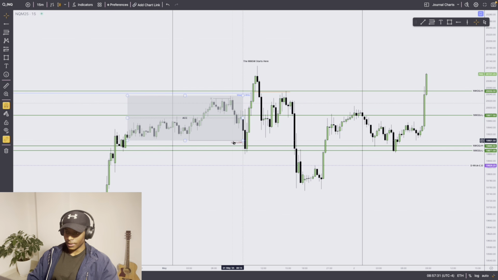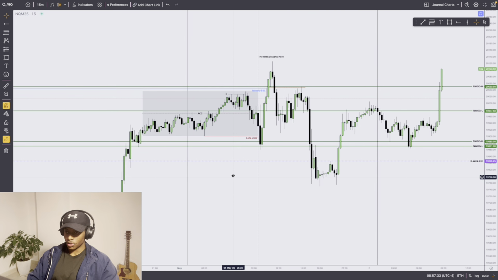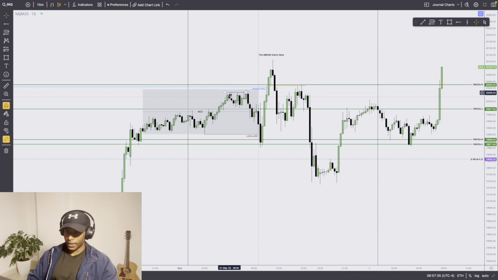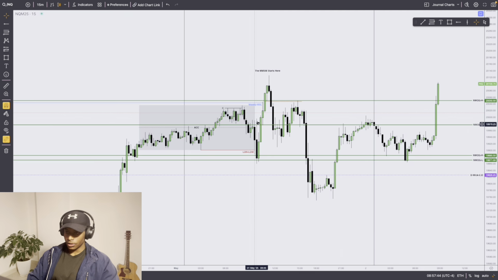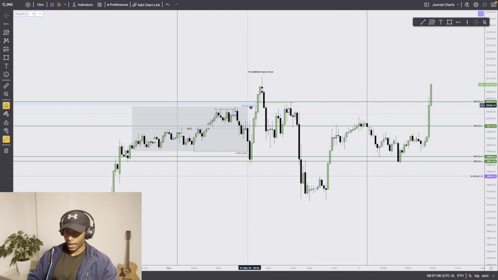I knew there was an accumulation here and we're in deep premium. Even though we were in deep premium, there's a new week opening gap down here. So unless we move below this and start expanding lower, I didn't want to be in any shorts. That was the idea why I did not want to take any shorts.